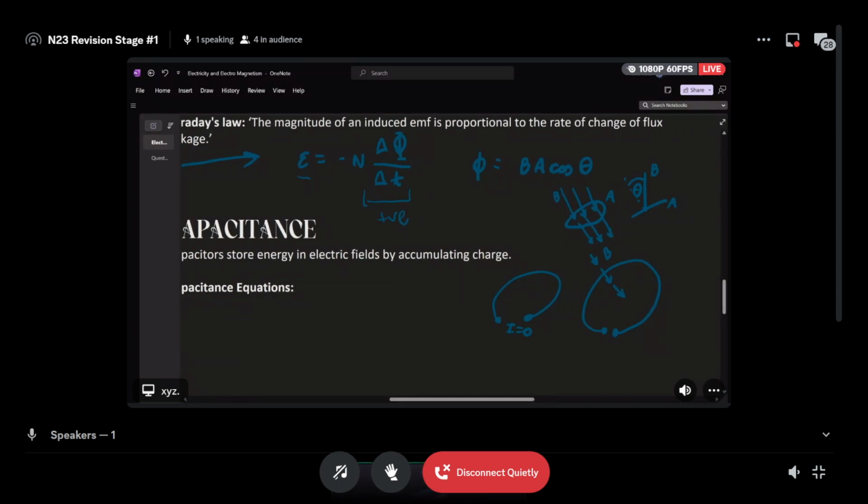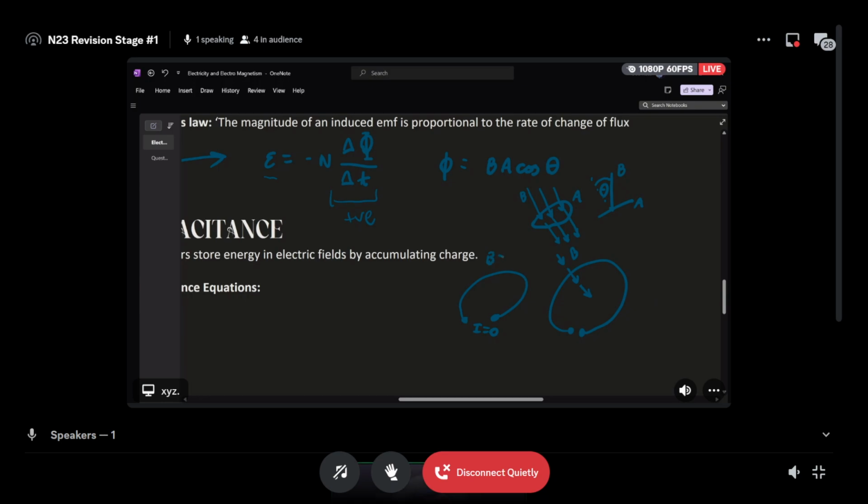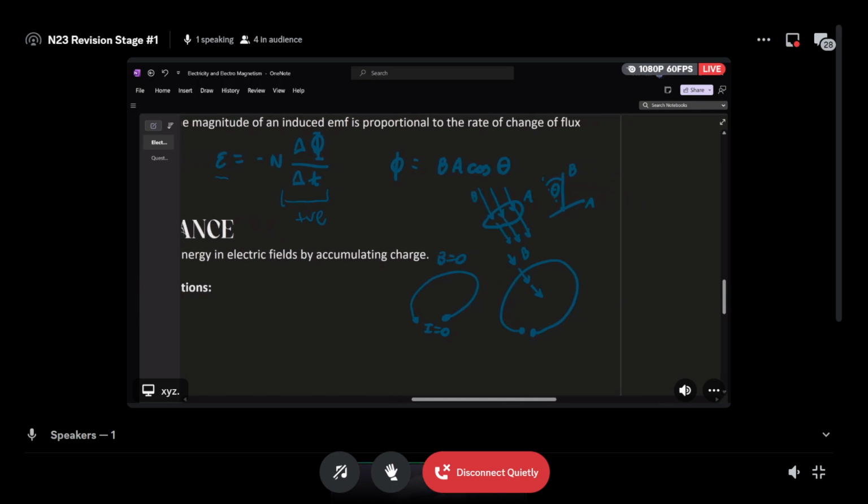I equals 0, B equals 0. Then we introduce a B. And then what happens here is that we get a current as a result that goes this way. And why do we get such a current?